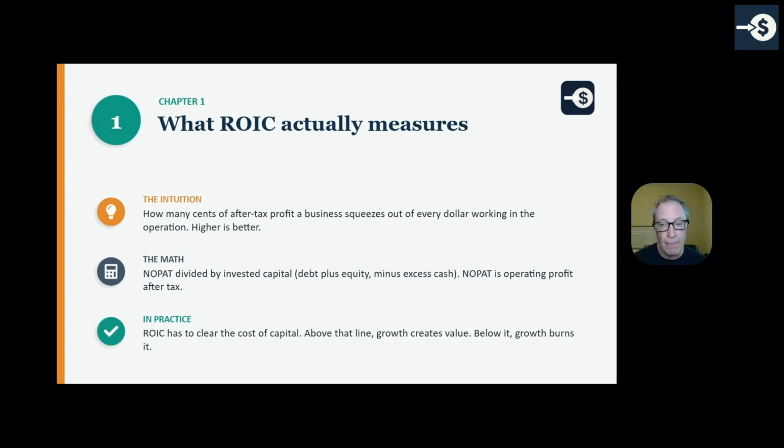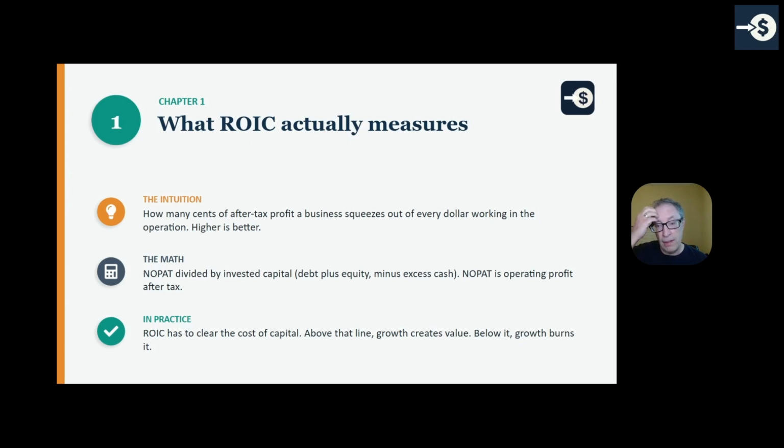You can get a lot more nuanced with this part of the equation. Michael Bobeson has great details on how to dig into calculating invested capital. You can go the financing route, which is what we're talking about now, the debt and equity and cash, or you could go the operating route, which looks at working capital, current assets versus current liabilities, and takes into account goodwill, PP&E and all those line items as well.